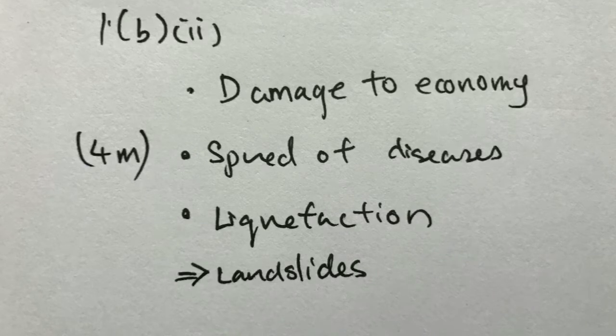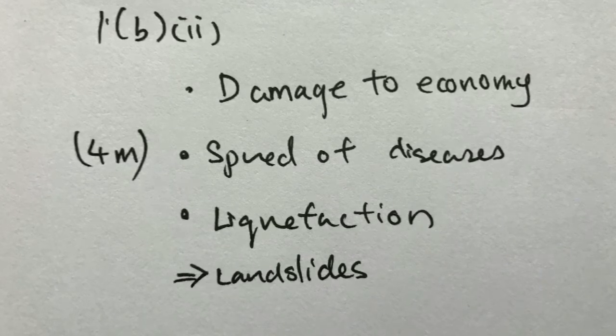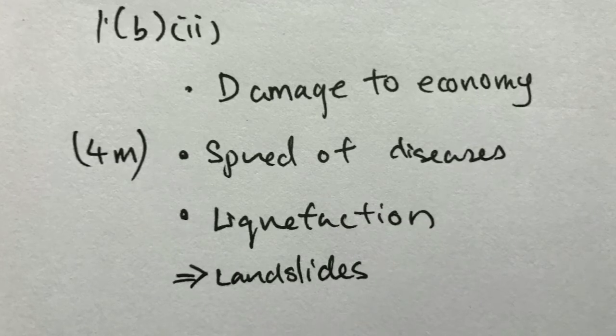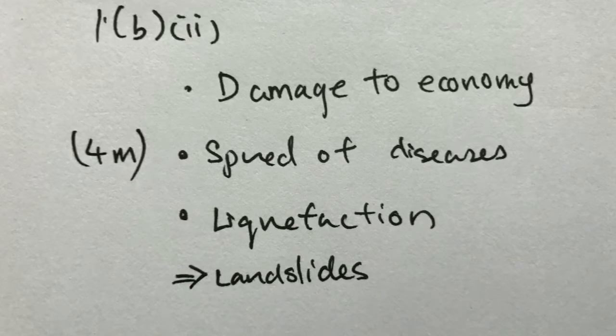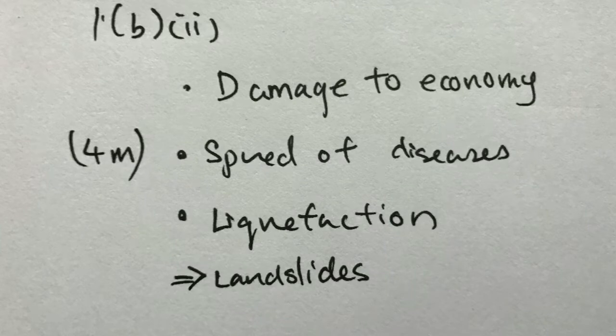One interesting point that came up is there are several candidates who, instead of talking about liquefaction, focus specifically on landslides. If you choose to specifically focus on landslides and subsequently you mention liquefaction, you will not be given 2 marks. You will not be credited for both points because they are technically under the same sub-point. So you have to mention any 2: damage to economy, spread of diseases, or landslide/liquefaction.